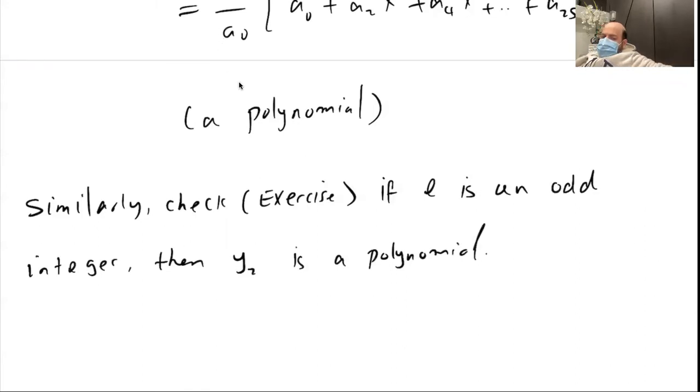So we found two linearly independent solutions for this ODE. And as long as L is a positive integer, one of these two solutions becomes a polynomial. If L is an even integer, y1 becomes a polynomial. If L is an odd integer, y2 becomes a polynomial.